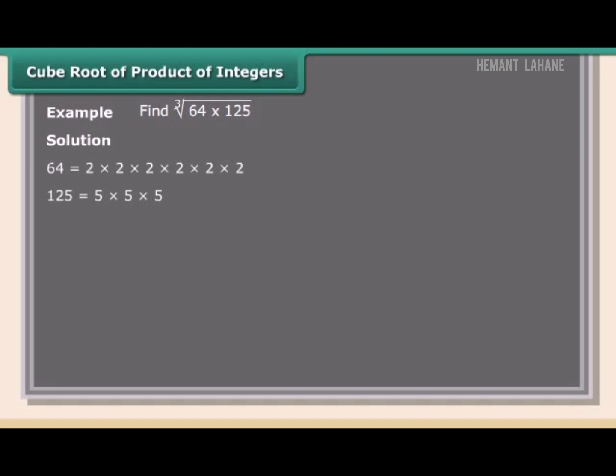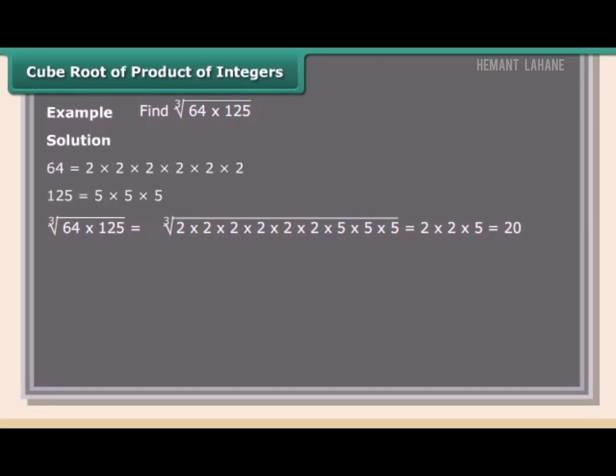Cube root of product of integers. Example: find cube root 64 into 125. Solution: 64 is equal to 2 into 2 into 2 into 2 into 2 into 2. 125 is equal to 5 into 5 into 5.